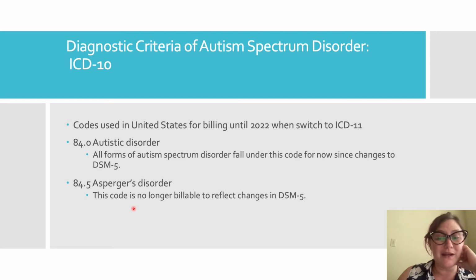But also, it's not really true, because I have lots of clients that I have to code as autistic disorder who really meet criteria for Asperger's disorder, but this is what insurance companies pay for, is autistic disorder. This will be changing in 2022 whenever Medicaid and Medicare are making the switch to using ICD-11, which the rest of the world already uses.